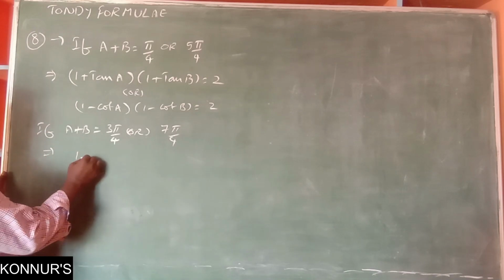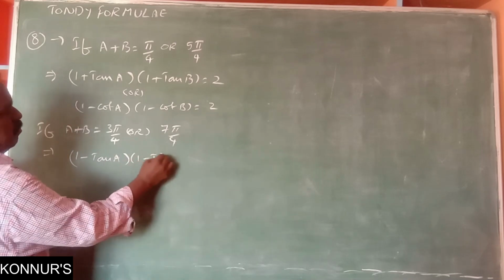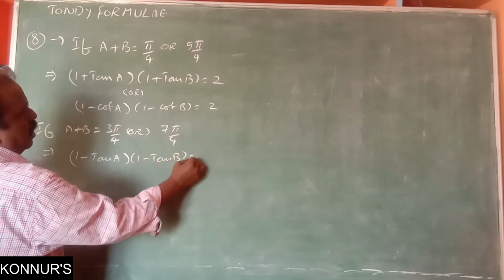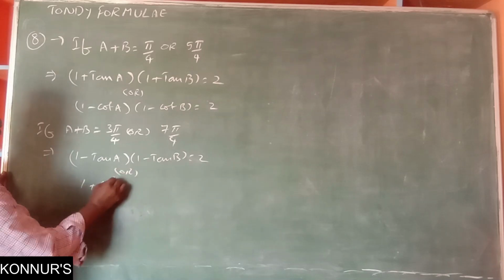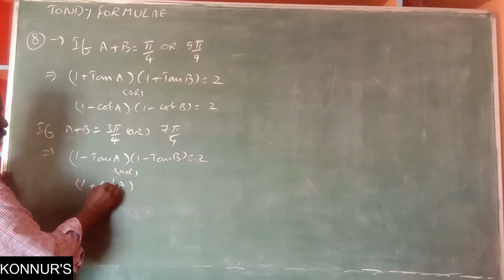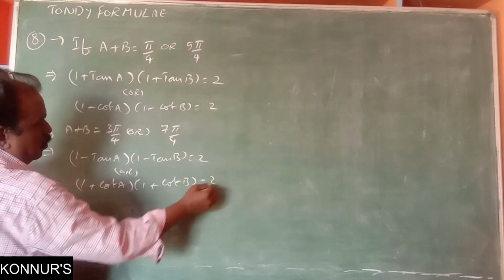Then (1 minus tan A) times (1 minus tan B) is equal to 2, or (1 plus cot A) times (1 plus cot B) is equal to 2.